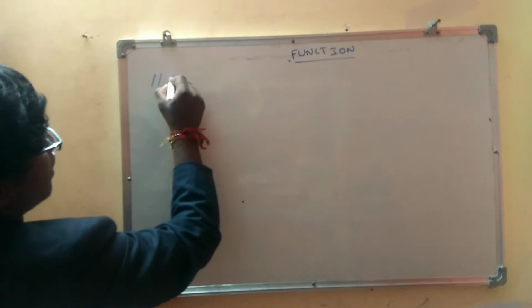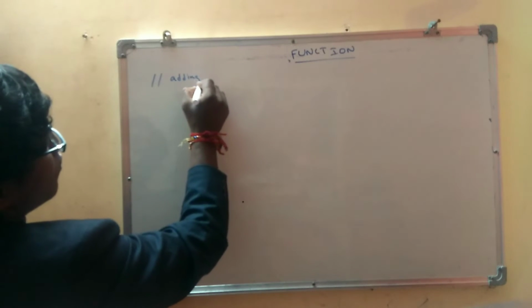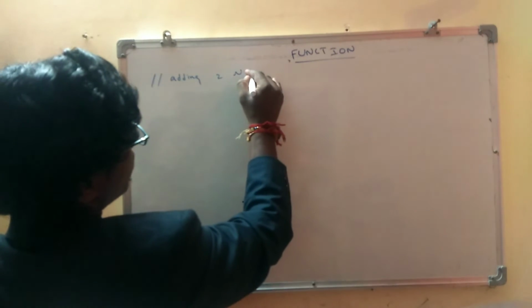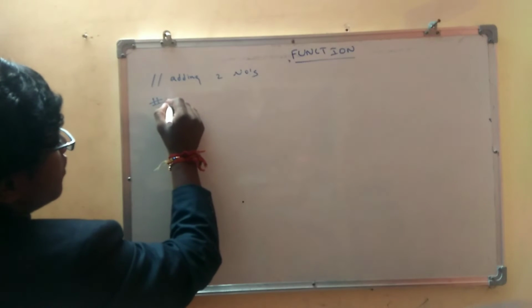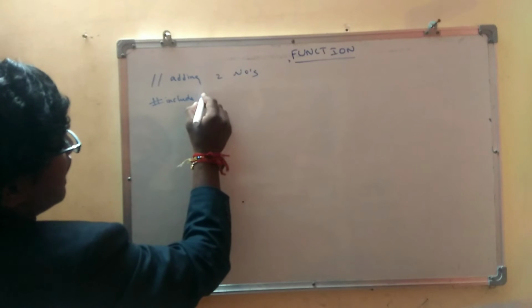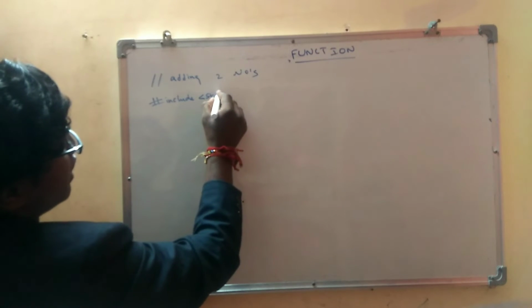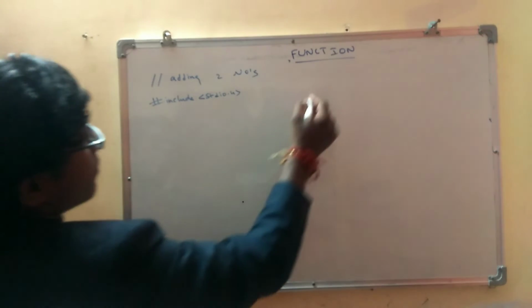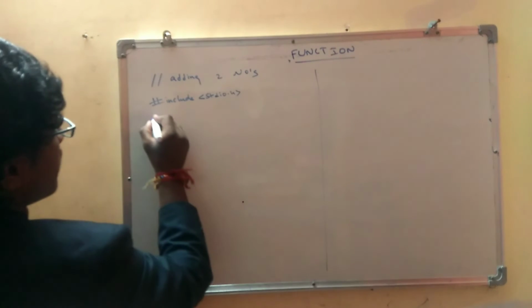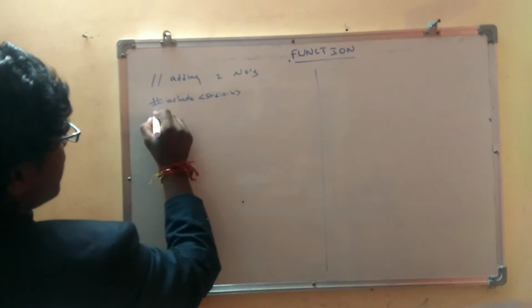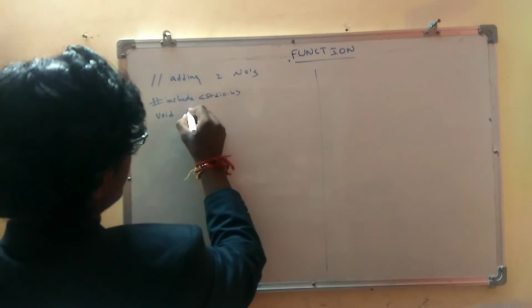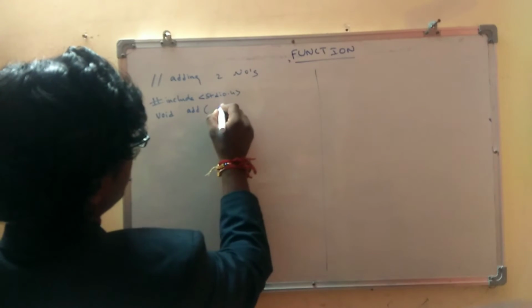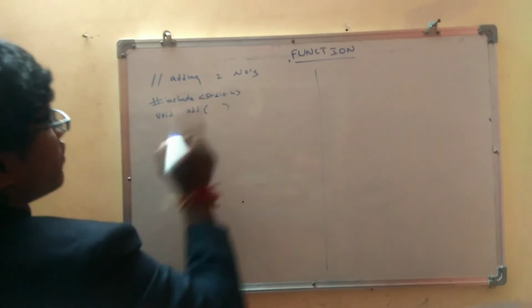Documentation section: adding of two numbers using function. So here I am writing a link section, hash include stdio.h, and here I am writing the return type void. I am declaring a user-defined function with the default parameter.